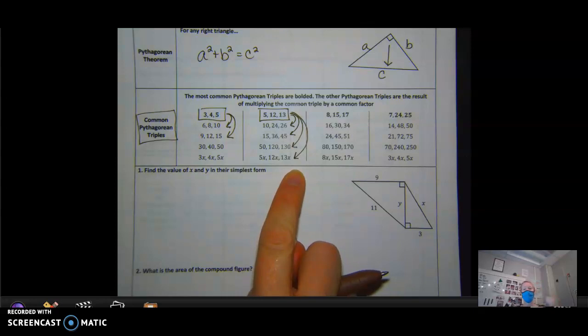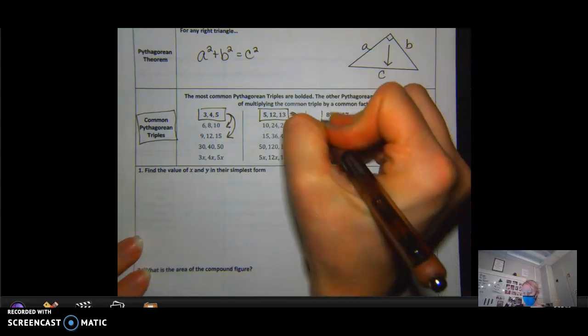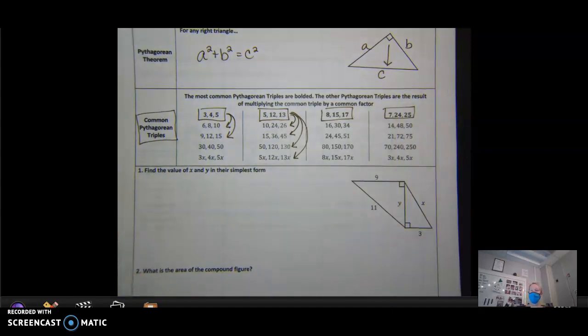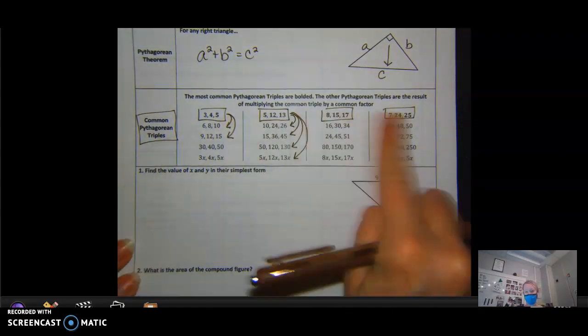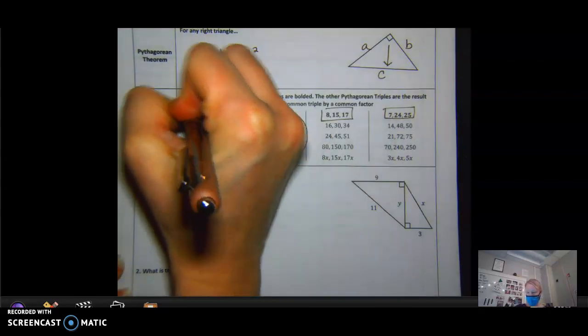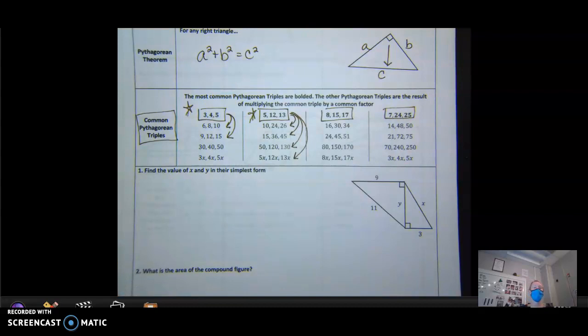So 3, 4, 5; 5, 12, 13; 8, 15, 17; and 7, 24, 25. Those are all my main triples. If you can remember those four, you are golden. I honestly remember this one and this one the most. Those are going to be your most commonly used. And really, the 3, 4, 5 and 6, 8, 10 are used probably 75% of the time.